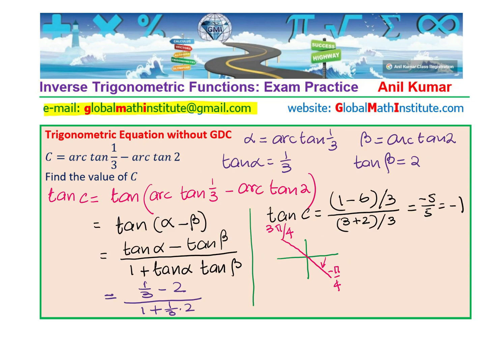Now here, the value of C is less than 0. It is negative, and therefore the value of C here is minus pi by 4. That is the reason, in spite of getting to a similar situation, we have different answers. And this is a question which can only be answered by those students whose concepts are absolutely clear. So I hope that helps.